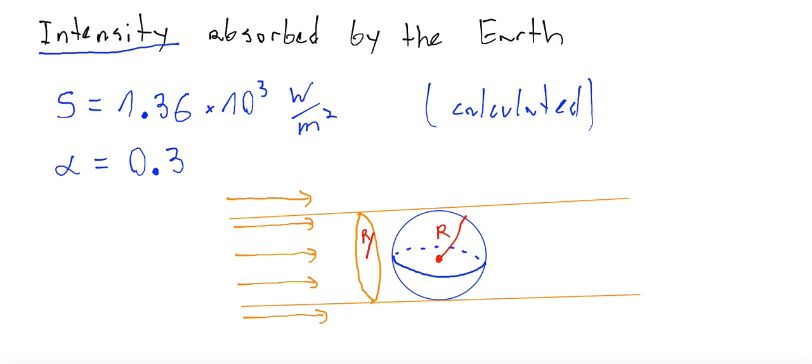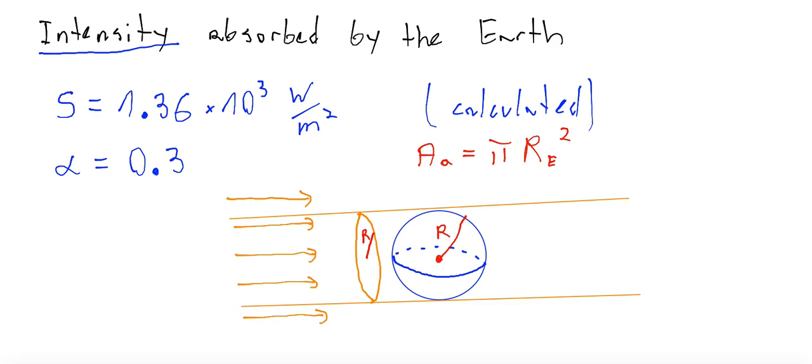So let's write the area which absorbs. A_A is pi times the radius of the Earth squared. But this radiation which is captured by this circle is distributed on the whole Earth. What does it mean?